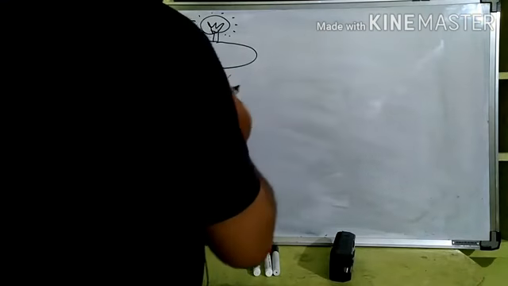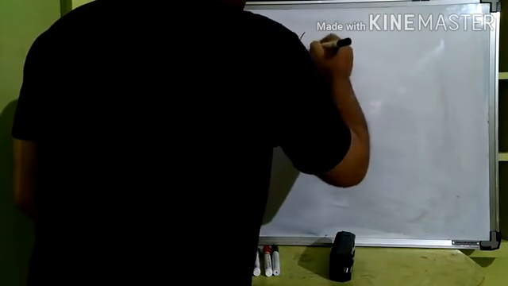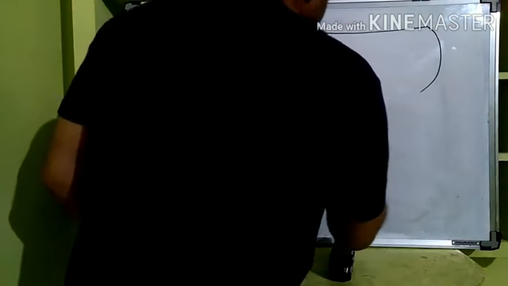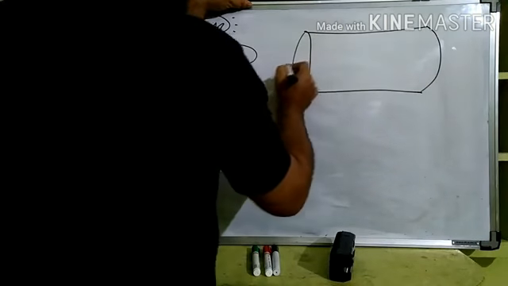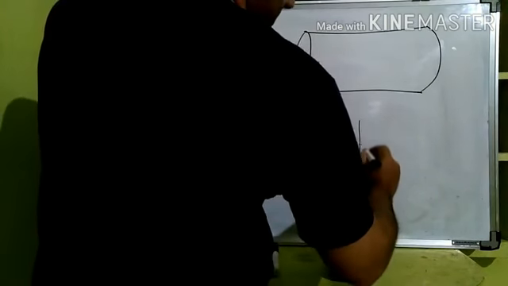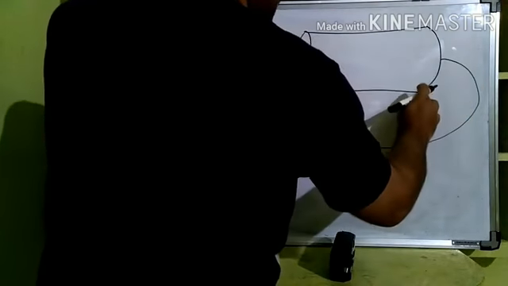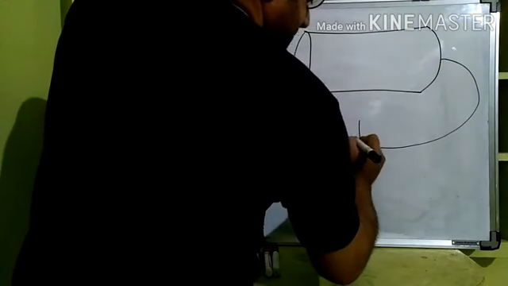Now, if we go on zooming, the wire will be cylindrical, right? So let me show a cylinder. Let us say this is connected with a battery. Now, this side is negative, this side is positive.